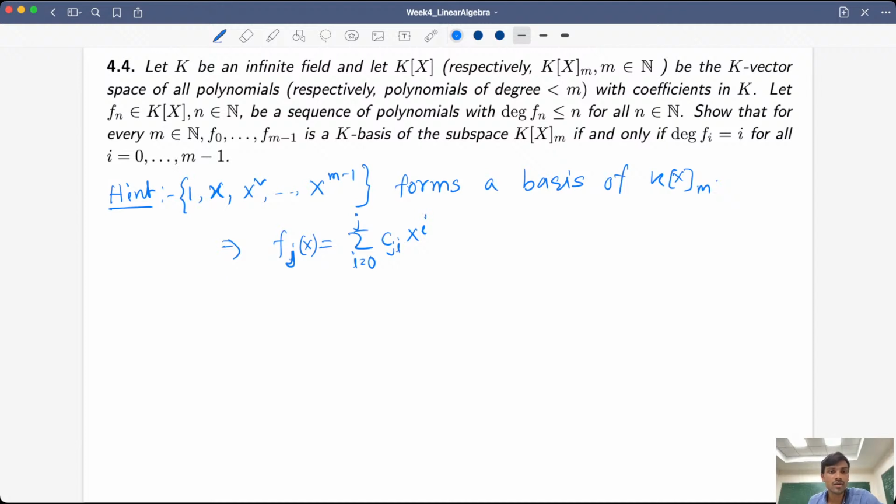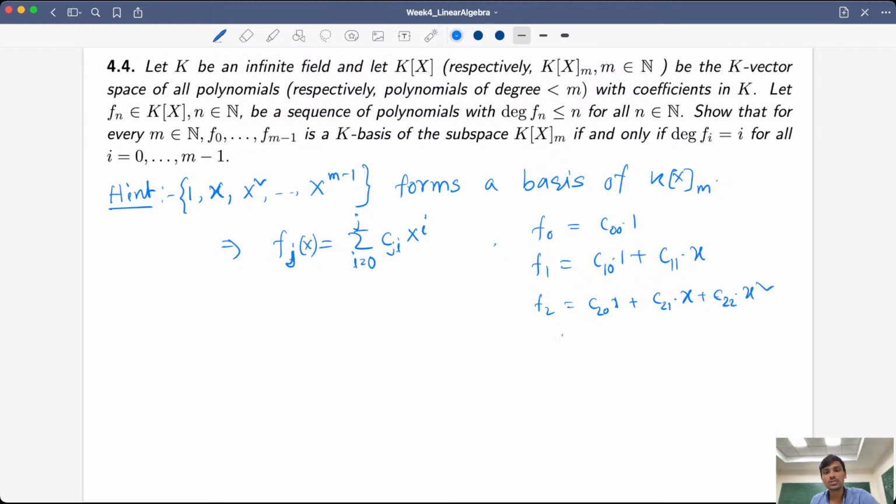If you write them in this fashion, f0 is c00 times 1, f1 is c10 times 1 plus c11 times x, f2 equals c20 times 1 plus c21 times x plus c22 times x squared, and so on.